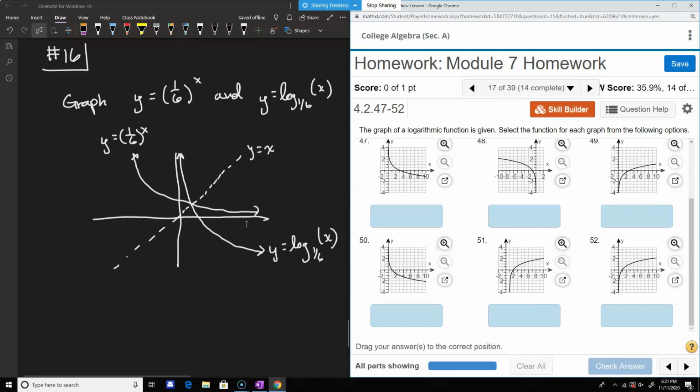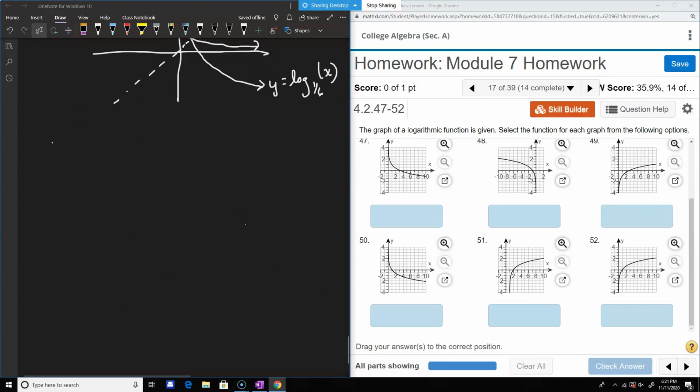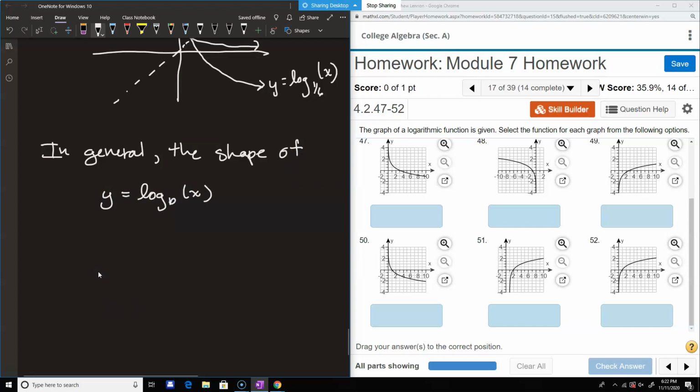Okay, so maybe let's make that note. In general, the shape of y equals log base b of x, if we're just thinking about the log graph on its own, looks like this, where the y-axis is a vertical asymptote going down, or this one, where you still have the y-axis as an asymptote, but it's on the upward side.